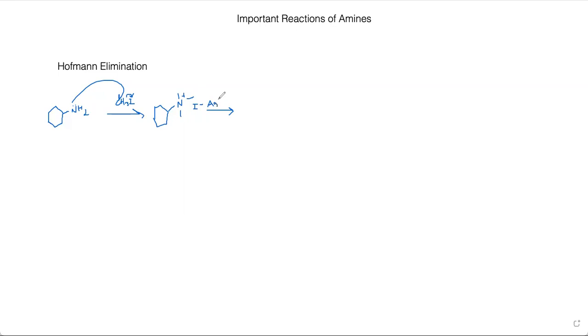So we have Ag2O, 3 lone pairs on that oxygen. And here's what happens there. So we actually have, excuse me, I forgot a step.